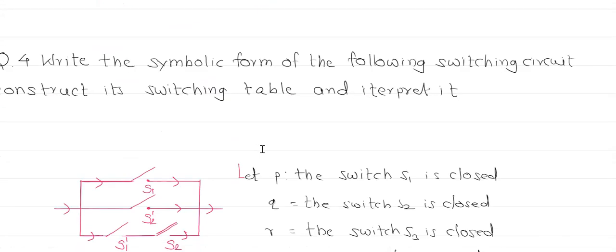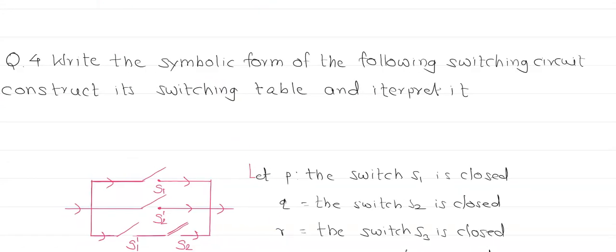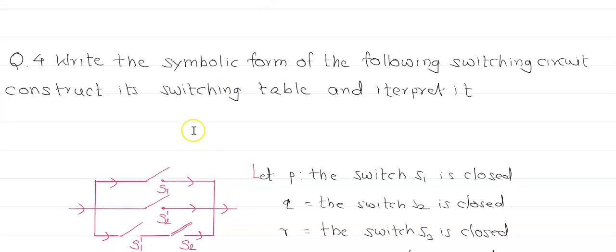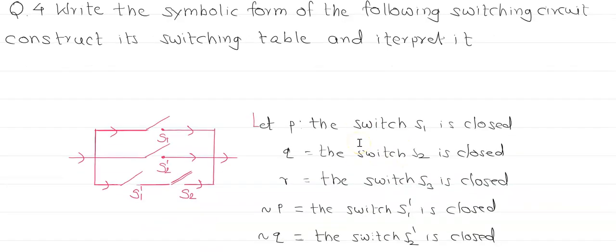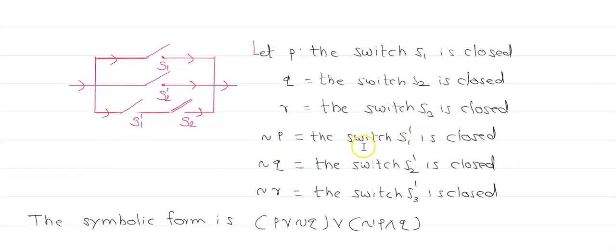Now the next is question number 4. Write the symbolic form of the following switching circuit. Construct the switching table and interpret it. Now the symbolic form: S1, S2 dash, S1 dash and S2, they are in parallel. Again P, Q are the same as before.